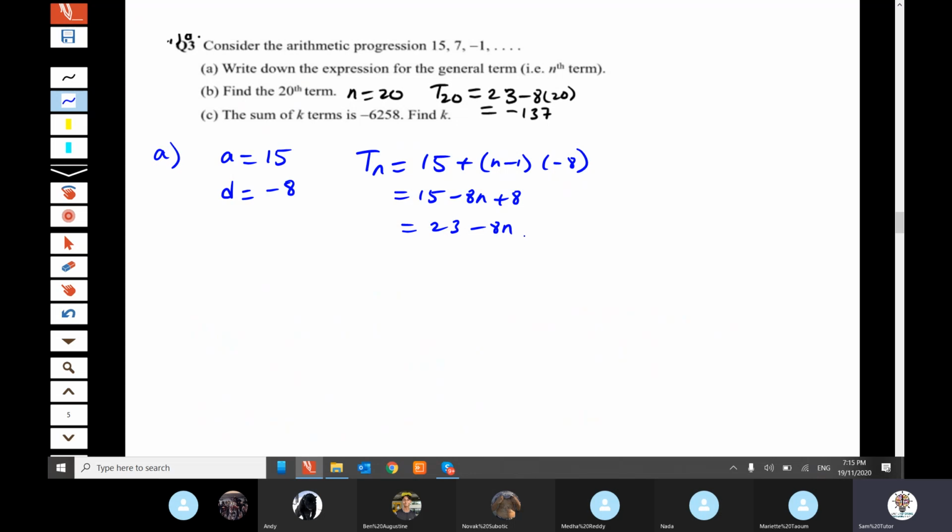Any questions? Part B. Find the 20th term. That means T20. So that's 23 minus 8 times 20. Does that make sense now?